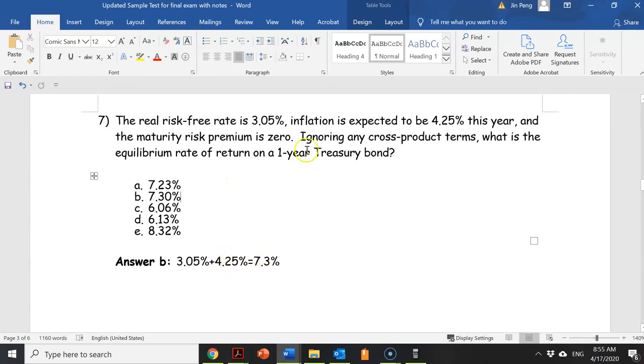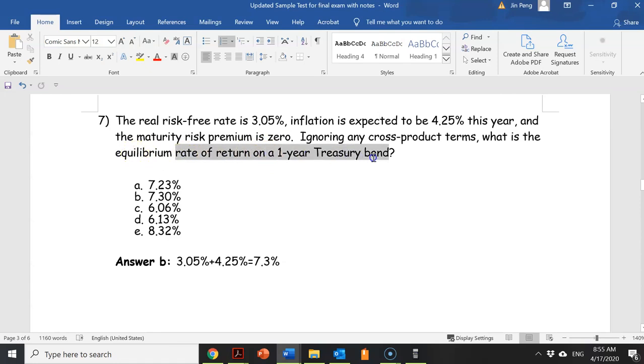Okay, so for this question, we know the real risk-free rate, we know inflation, we know MRP is 0. We are looking for the rate of return on a 1-year Treasury bond. So here we're looking for the return on a short-term Treasury bond.